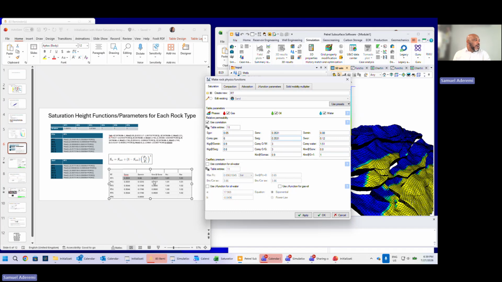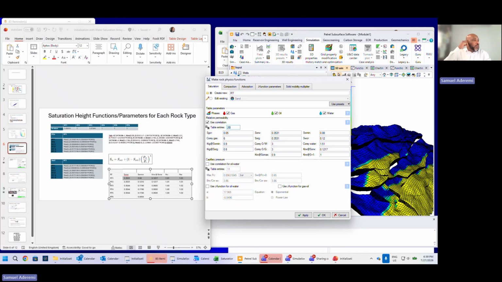And we also have the maximum water saturation, the relative water saturation at irreducible oil saturation, which is this point, which is 0.1217, as the case may be. Then you can define how many table entries that you want.